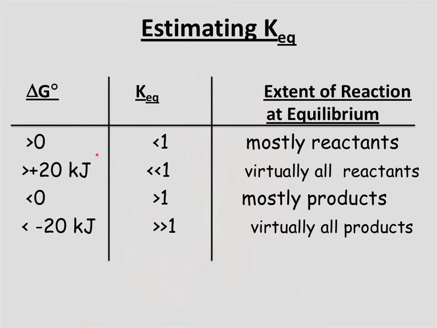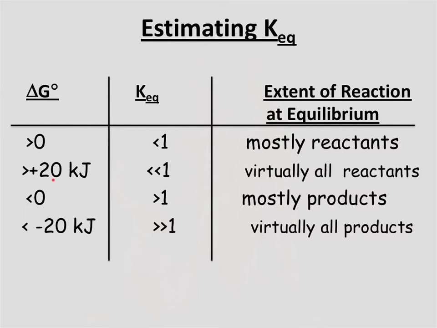Now if it's a super big delta G, like larger than positive 20 kilojoules, then that's telling us that this is a reaction that is very, very unlikely to go towards completion at all. So basically, it's not going to react. You're going to have all reactants, which means your Keq is going to be super, super tiny.